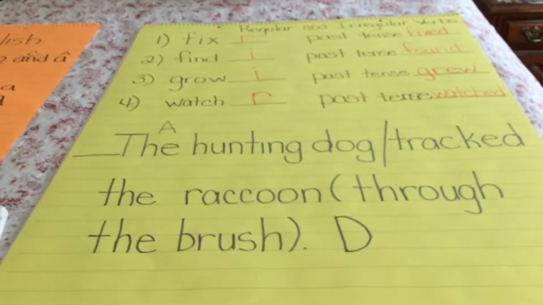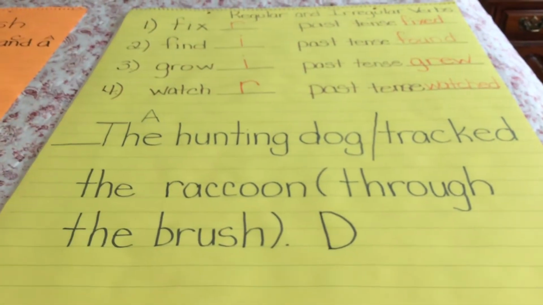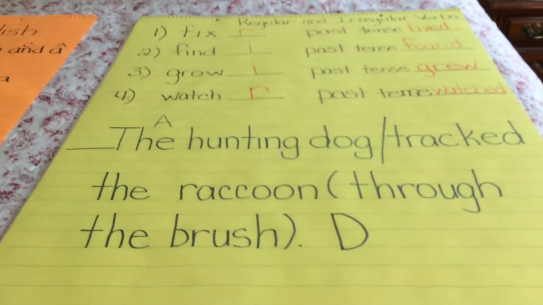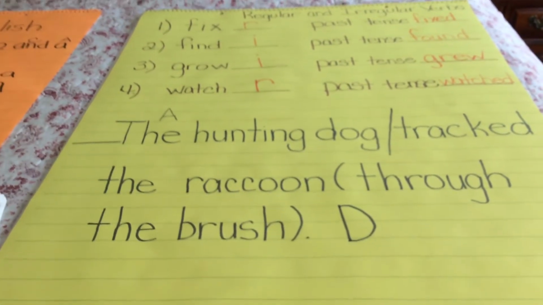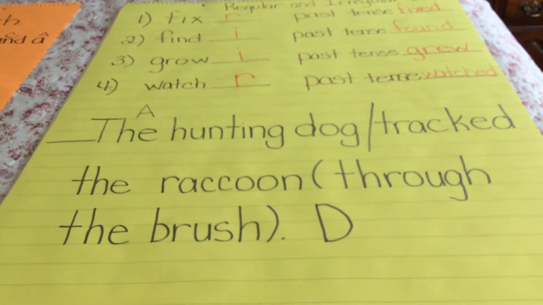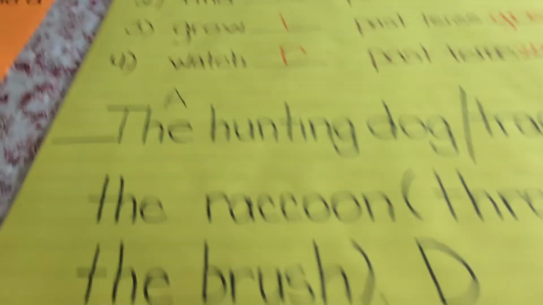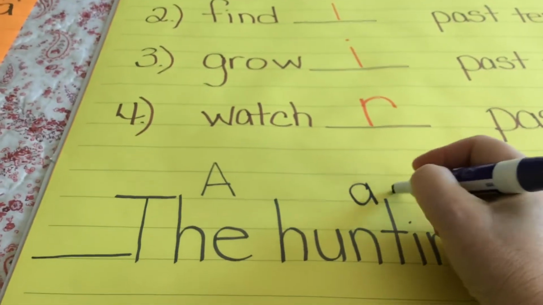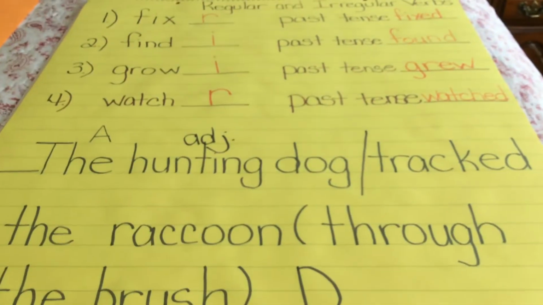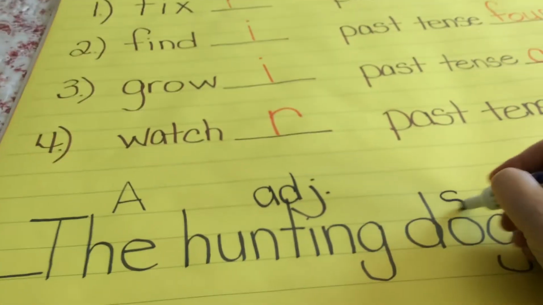We have to ask ourselves, what is it modifying? Modifying means to describe. What is it describing? Well, hopefully you all said dog, which is correct. And what is dog? Dog is a noun or our subject noun. So we know that hunting is an adjective. Good. And what is dog? We already said it. Our subject noun.